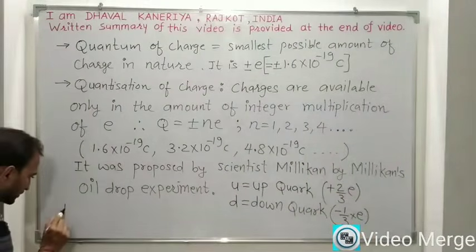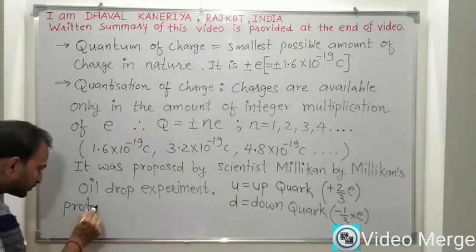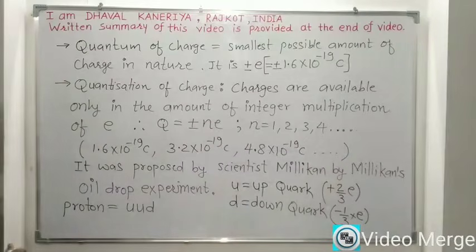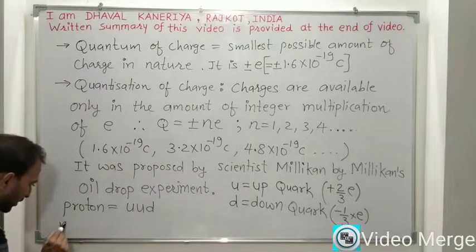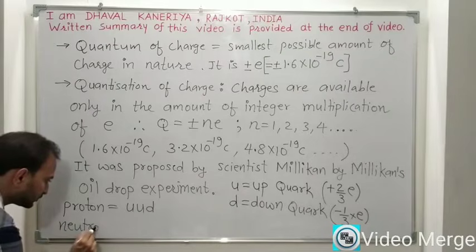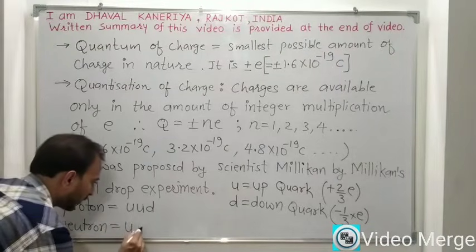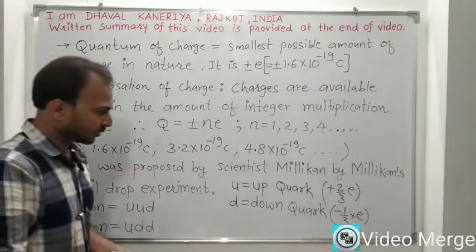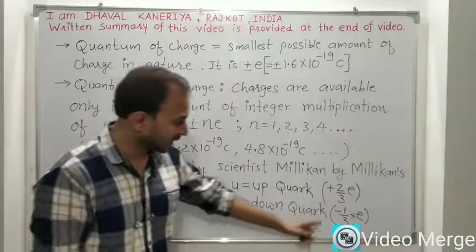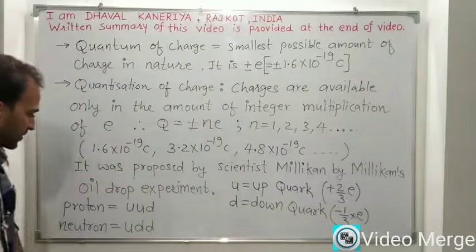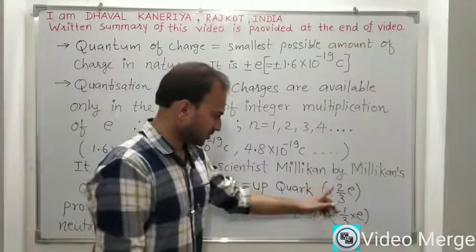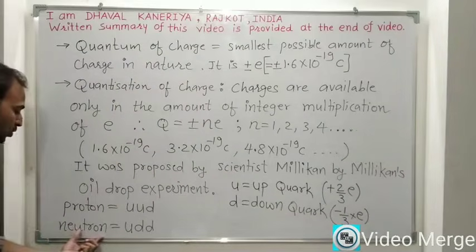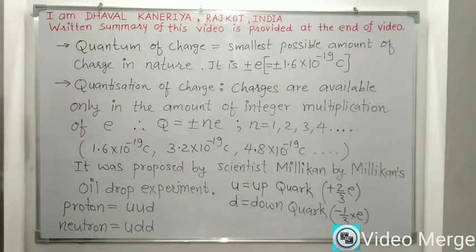A proton is made up of UUD, two up quarks and one down quark. Whereas a neutron is made up of one up quark and two down quarks. So up and down, down, down. 2 times this quantity plus up 1 time this quantity. If we add, we get 0. That is why neutron is neutral.